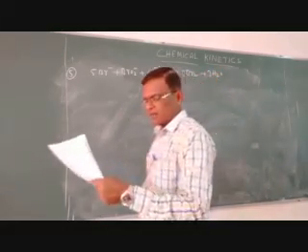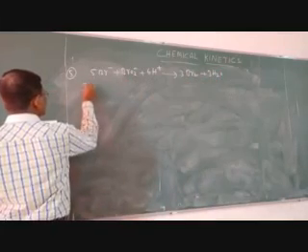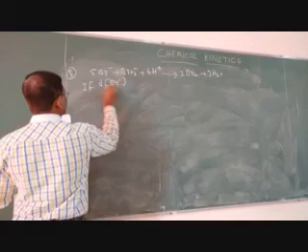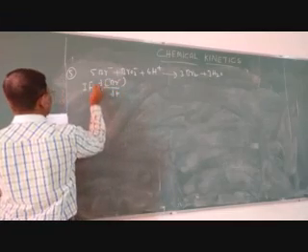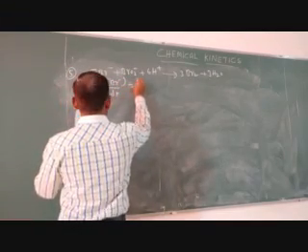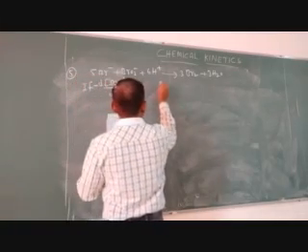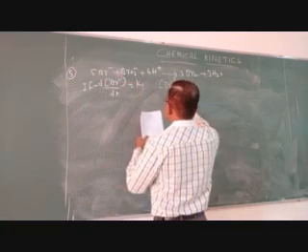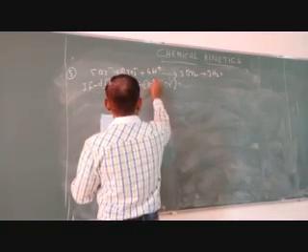In the given conditions, minus d[Br minus] by dt is equal to K1 [Br minus].